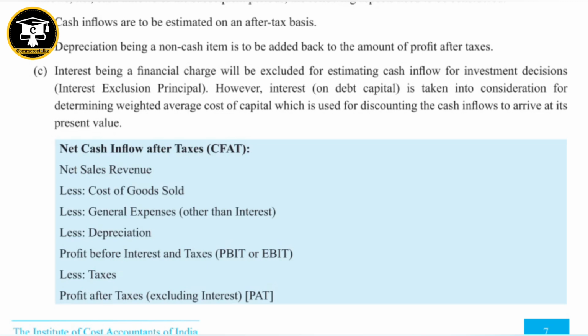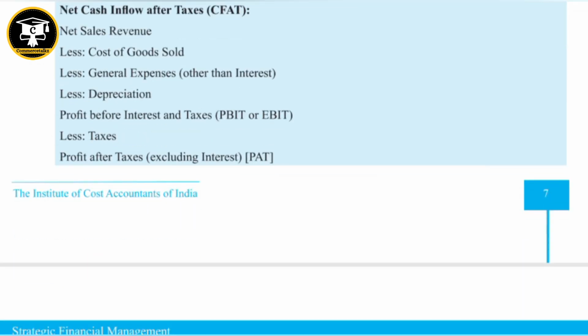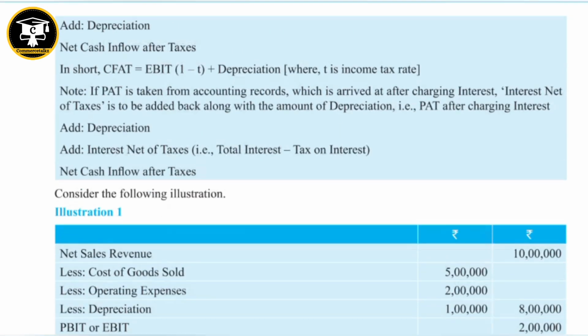So this is a method to compute the net cash flow after taxes. From the total sales revenue, we will deduct the cost, all the expenses and depreciation. So we will arrive at profit before interest and tax. From that we have to deduct taxes. After that we will receive profit after tax. Then again we will add back the depreciation. So we will get cash inflows after tax.